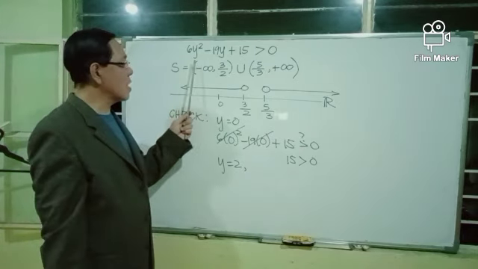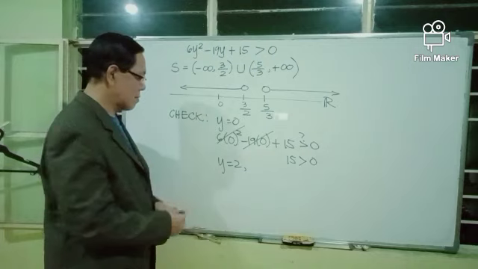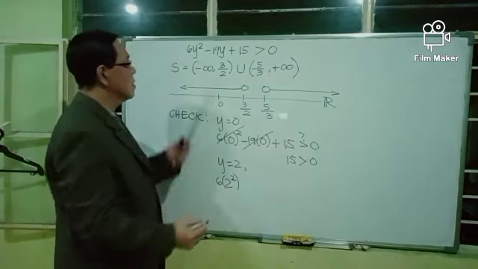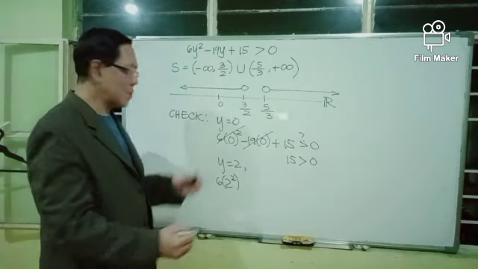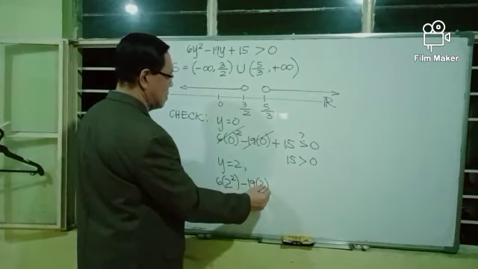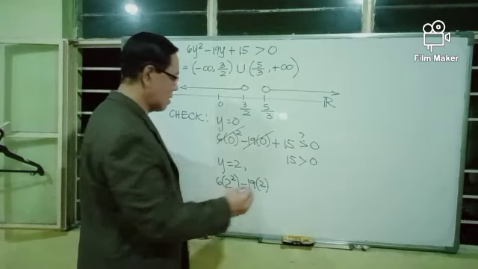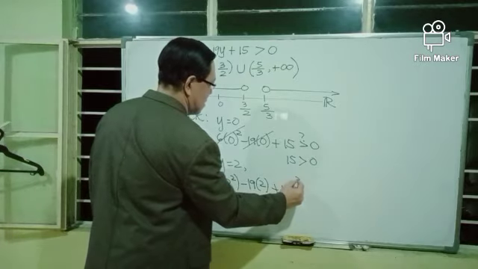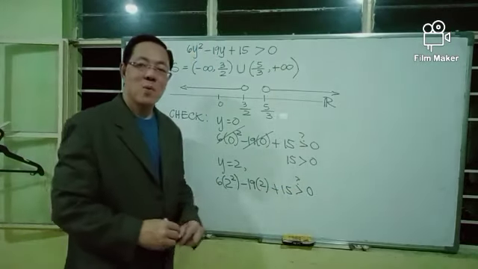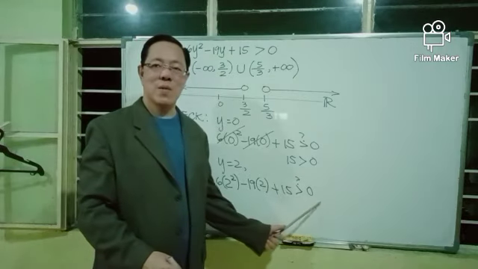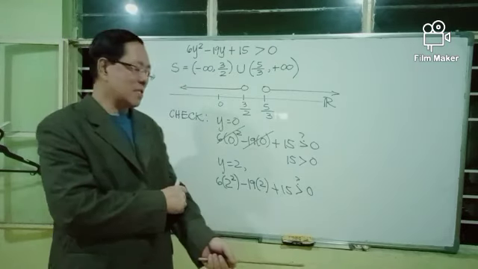We have 6 times 2 squared, minus 19 times 2, plus 15. And we want to check if we would get a sum greater than 0 or a sum that is positive.